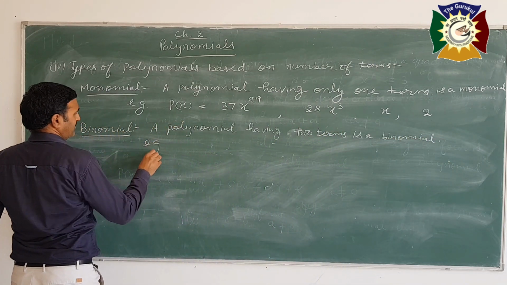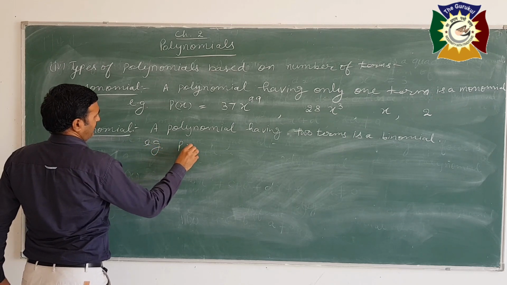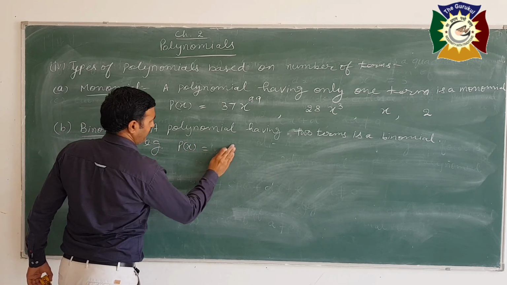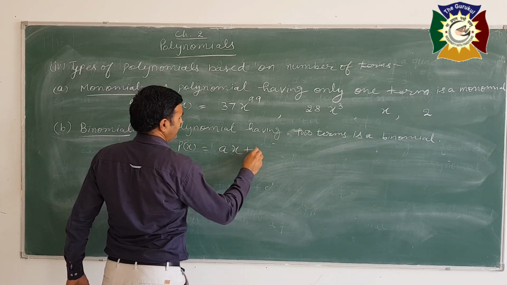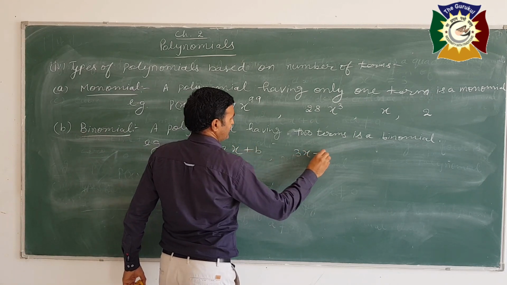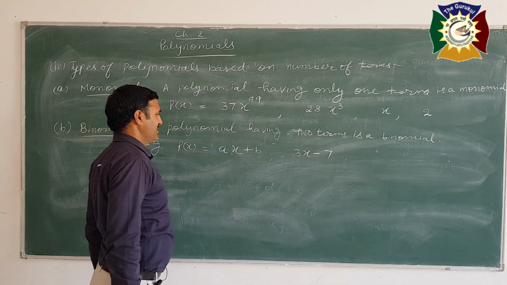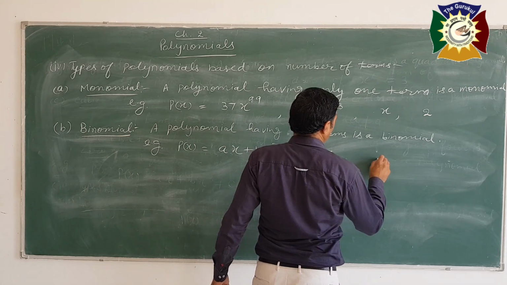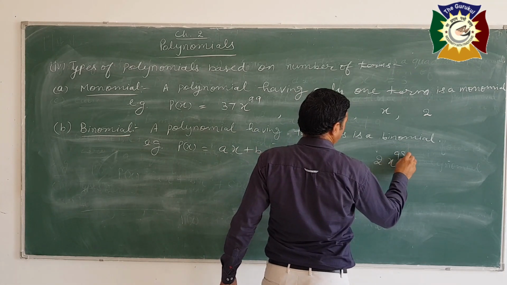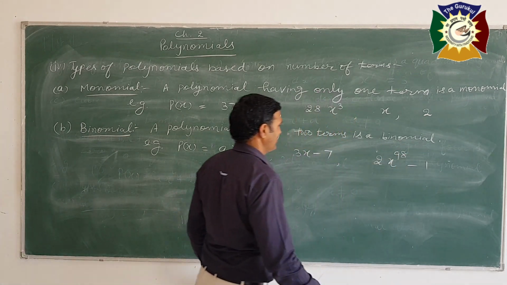Example for this, ax plus b or 3x minus 7. In this, the degree is not important, but the number of terms are important. 2x raised to power 98 minus 1, this is also binomial.